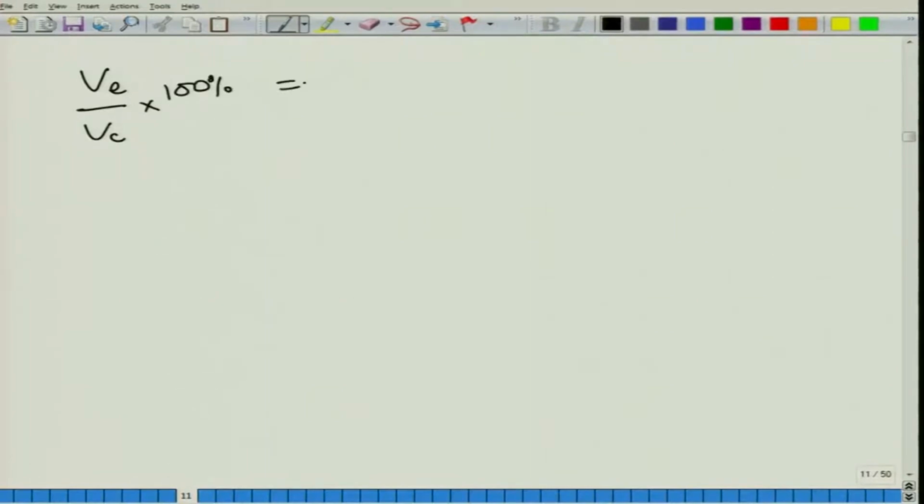This figure would be given by the estimated volume (G/4)² into L divided by the correct volume πr²L into 100%.